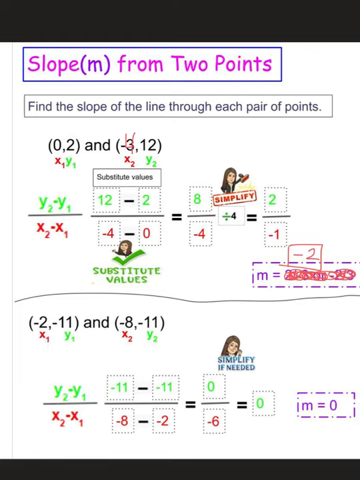So now, again, as I said before, when you have these double negatives, those are going to turn into a plus. So a -11 plus 11 makes 0. And -8, double signs here again, turn into plus. -8 plus 2 makes -6. 0 divided by -6 just comes out to be 0. So your slope is 0.